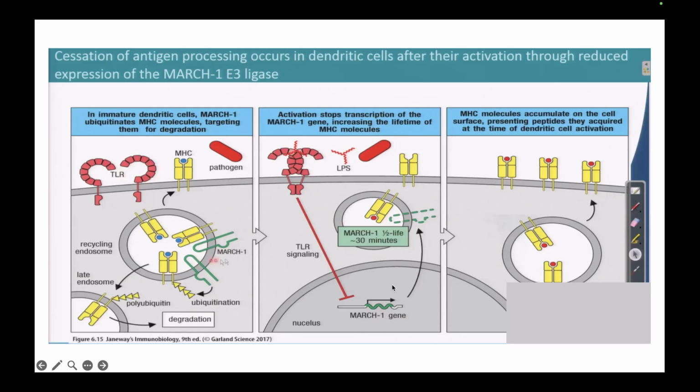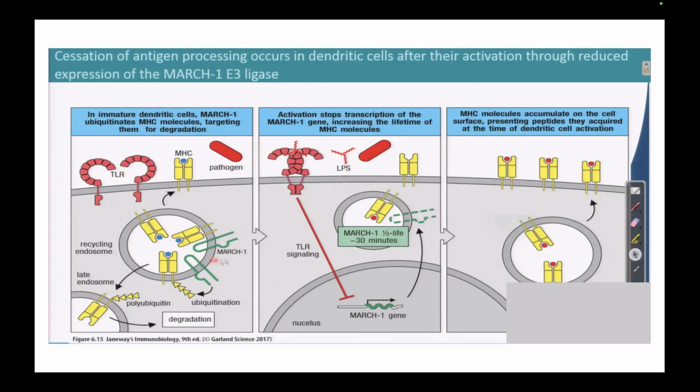So the transcription of the MARCH1 gene gets down regulated. MARCH1 was the one degrading the MHCs. You can see the half life of MARCH1 is 30 minutes only.